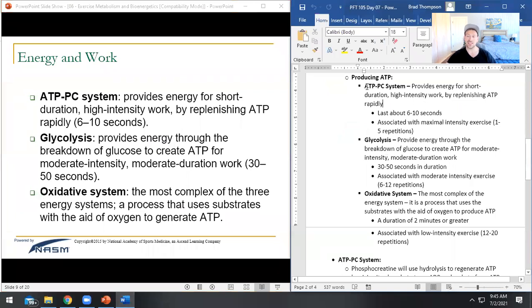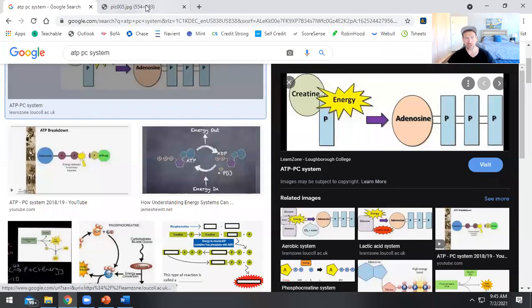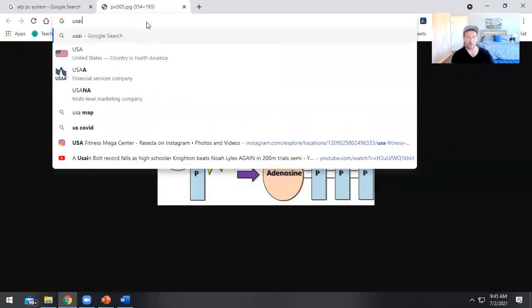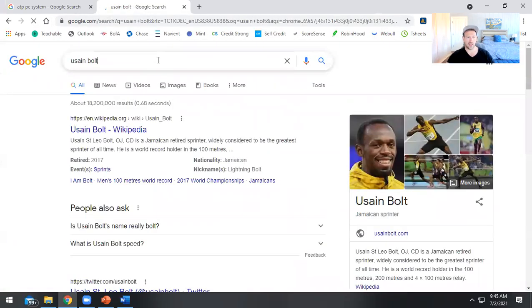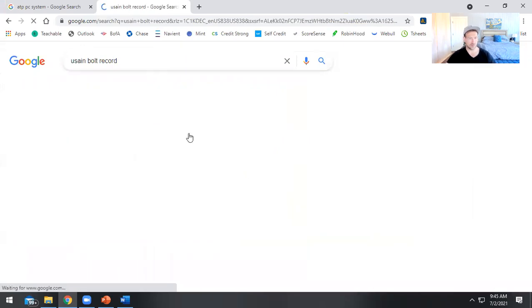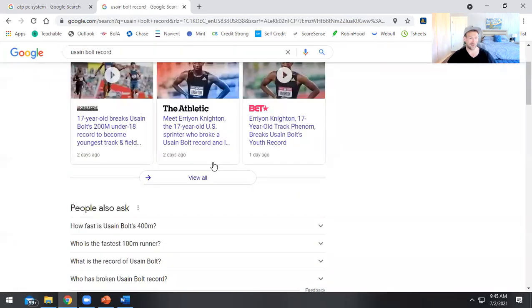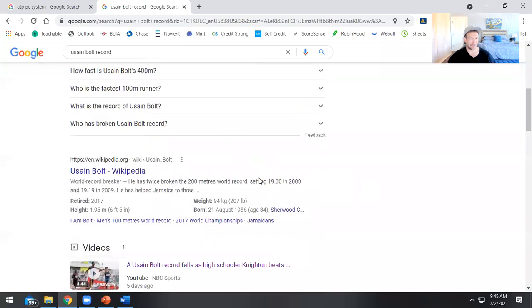So when we think about the ATP-PC system, like I said, you only can stay here for about 6 to 10 seconds. This is your maximal intensity style of lifting. When you think about Usain Bolt, right? And actually one of his records was just broken.